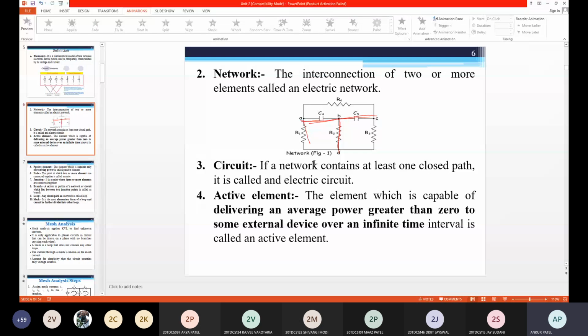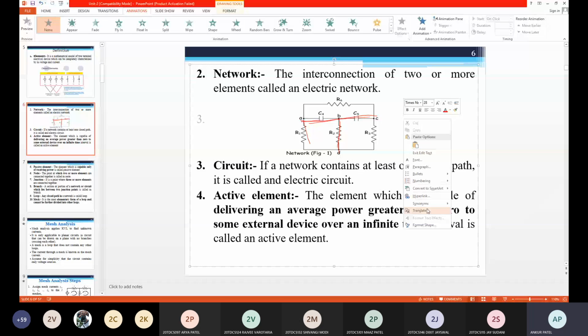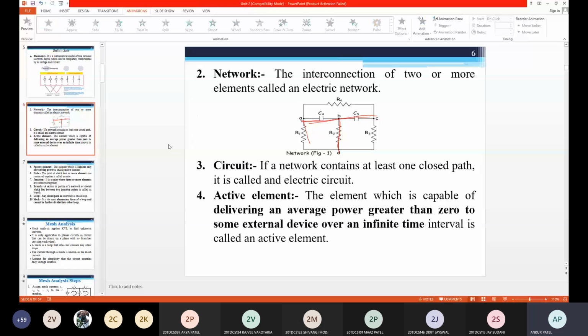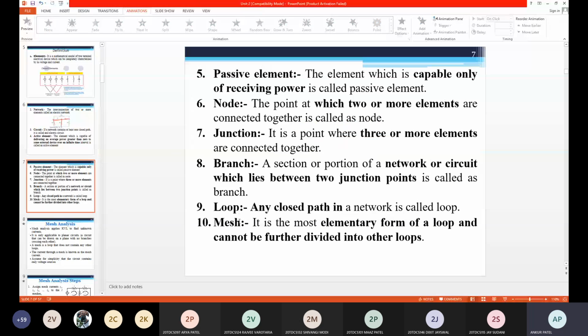Yes, sir. Okay, good. Now you should take care: loop and mesh are both different. Loop means any closed path in a network is called a loop.